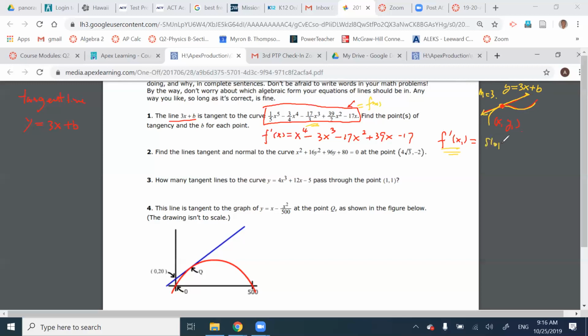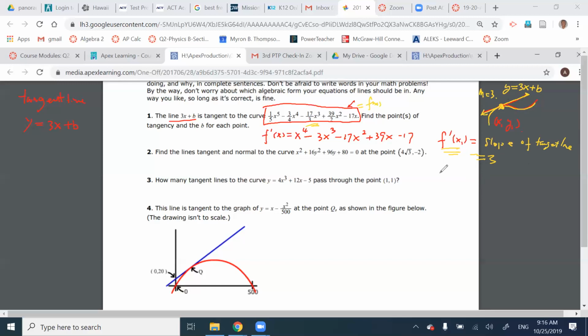The slope of the tangent line. The function's derivative at that point represents the slope of the tangent line at that point. So this one should equal what? 3. Great.